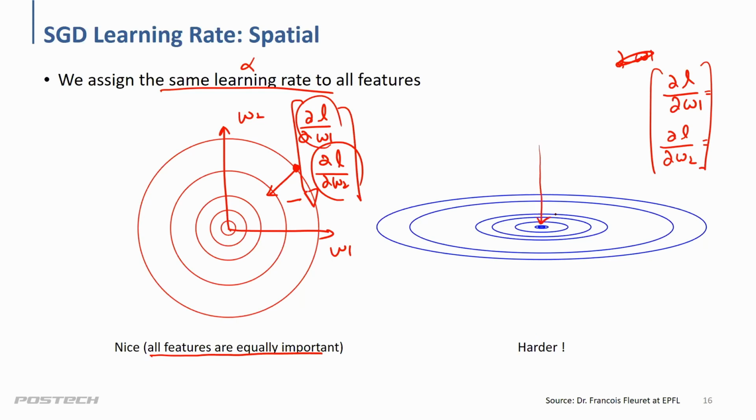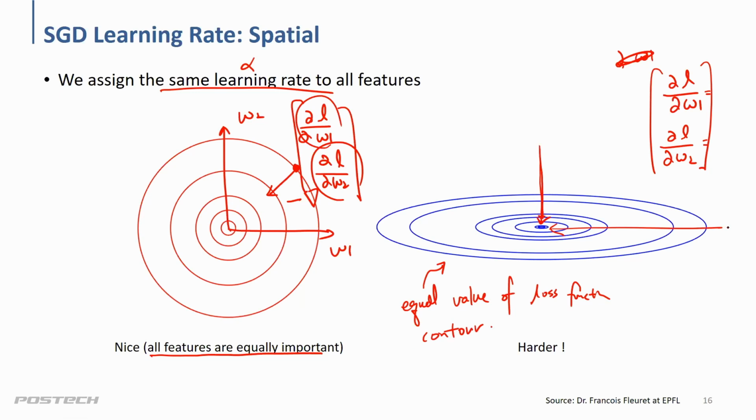In these directions, these are equal values of the loss function, right? So it's a contour. If you walk in this way, do you think about the slope?